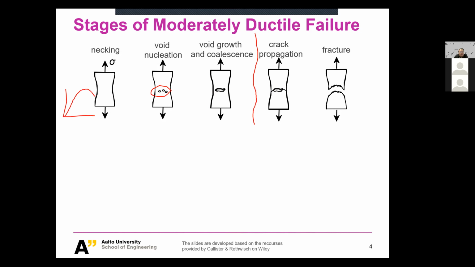The last part, crack propagation until fracture, only takes place at the very end of this whole process. So this is something you don't need to care about anymore. We only need to know what is happening before that point, because that is the major life before ductile fracture. Once we reach this point, everything is already too late. That's why for ductile fracture, we care about void nucleation, void growth, and coalescence, especially coalescence, because this is the point things become critical.